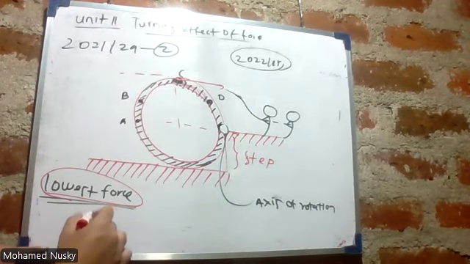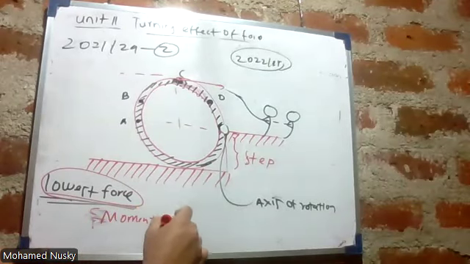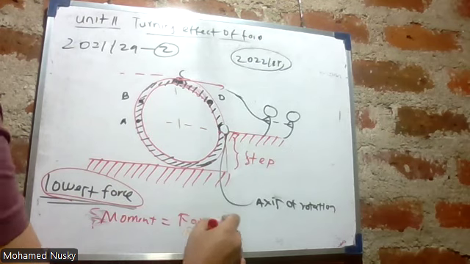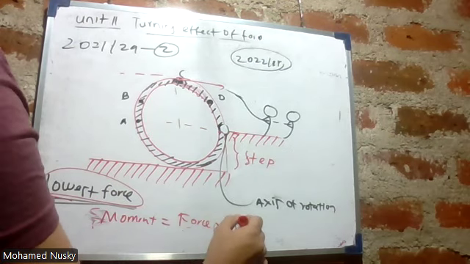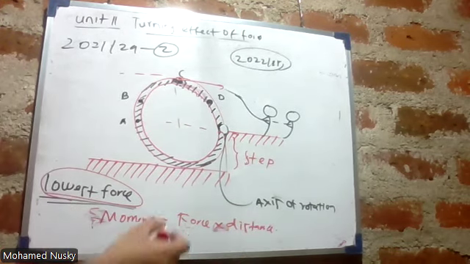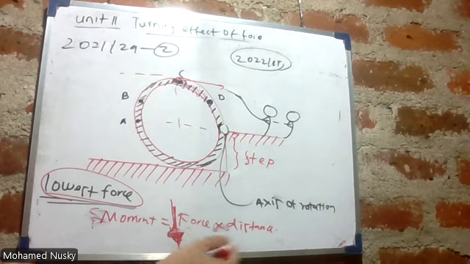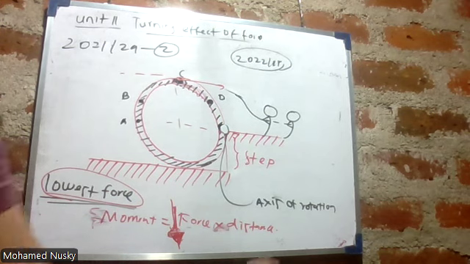You know, moment is equal to force into distance. If I need to create a minimum force, then what should be the distance from the axis of rotation?